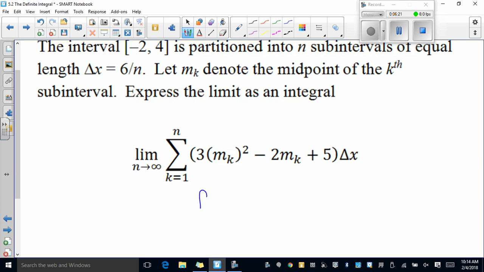So this is the integral of 3x squared minus 2x plus 5 dx. Now, you don't necessarily have to put that all in parentheses. Some people like it. That dx tells you that the integral ended.